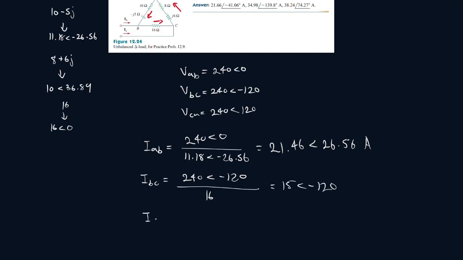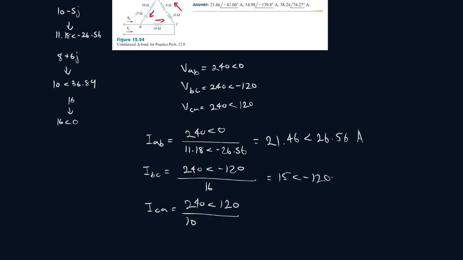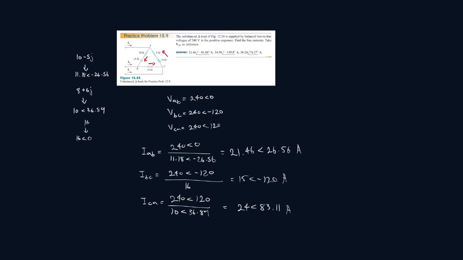And then ICA will be 240 phasor 120 over 10 phasor 36.89, and that's 24 phasor 83.11. All of these are in amperes. Alright, so it looks good.